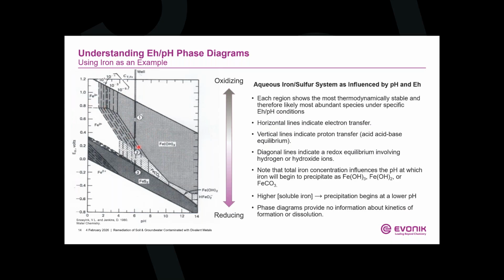And that's true for most of the dissolved species. Precipitation will happen at either higher EH or lower pH when you increase the dissolved concentration of one of your solutes.